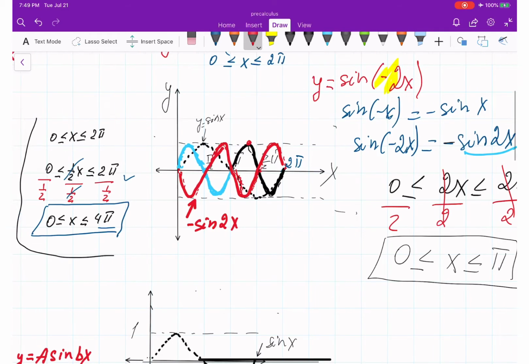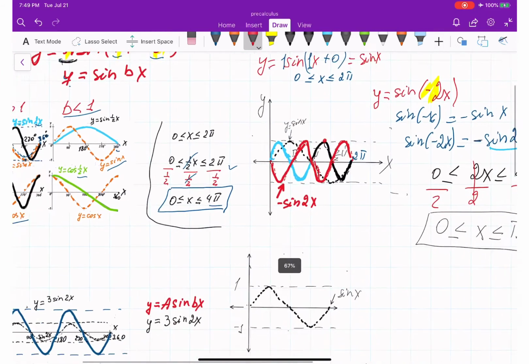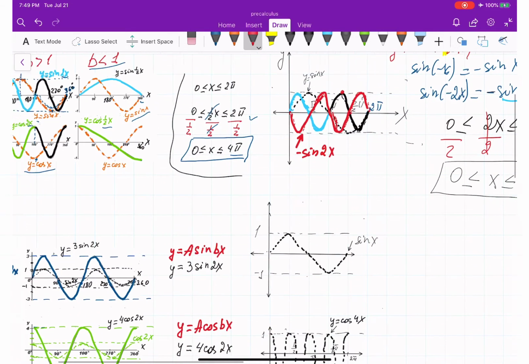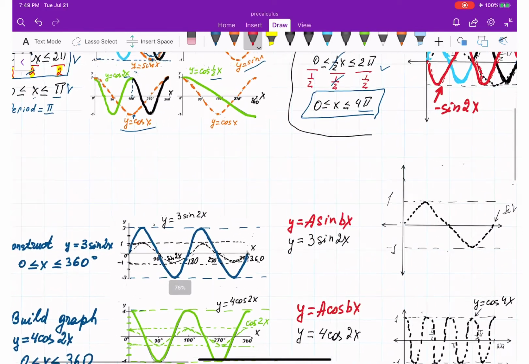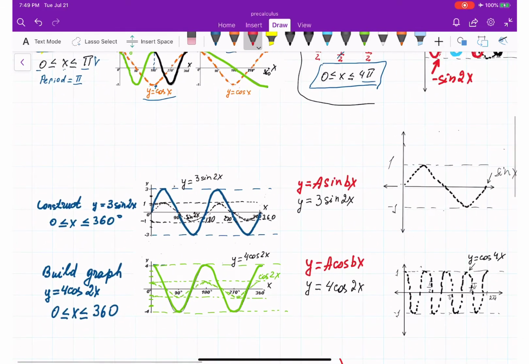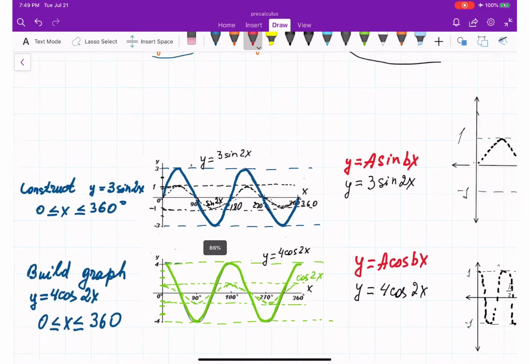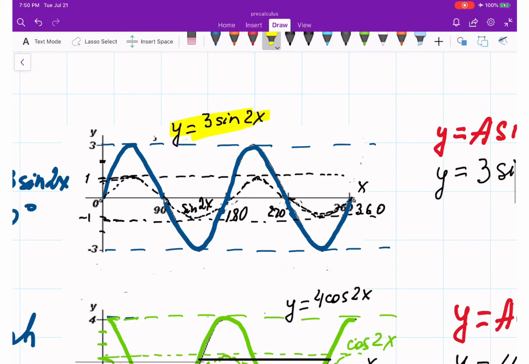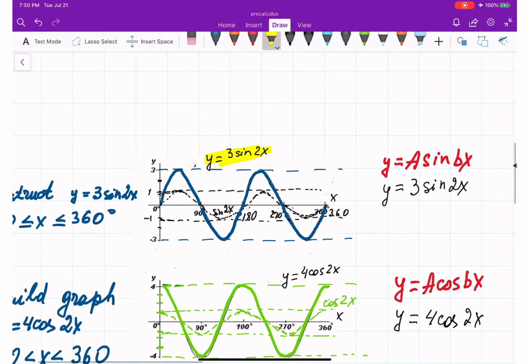Now let's practice more amplitude. We just started with -1. Let's go now, instead of just negative sine x, let's build 3 sine 2x. Here it is. Y is equal 3 sine 2x. So what is the deal here?